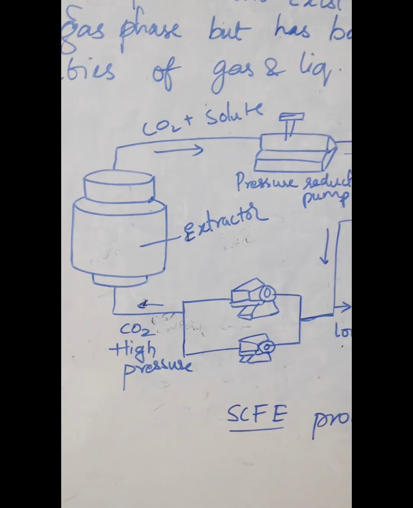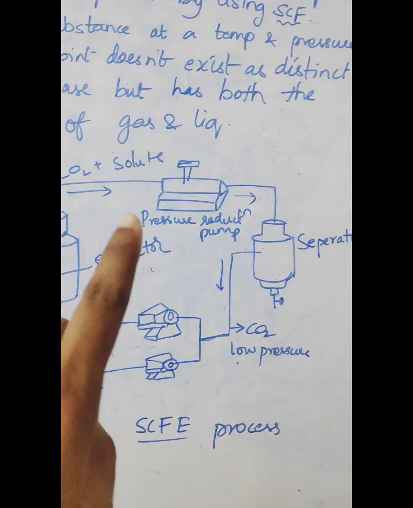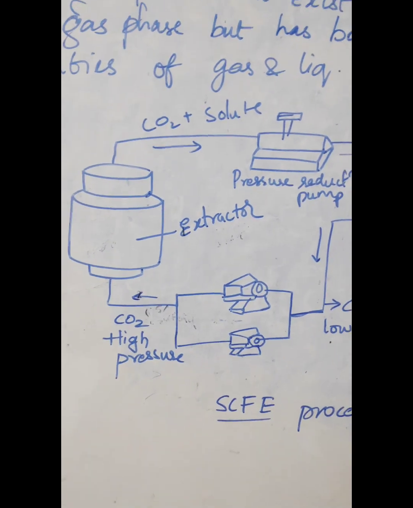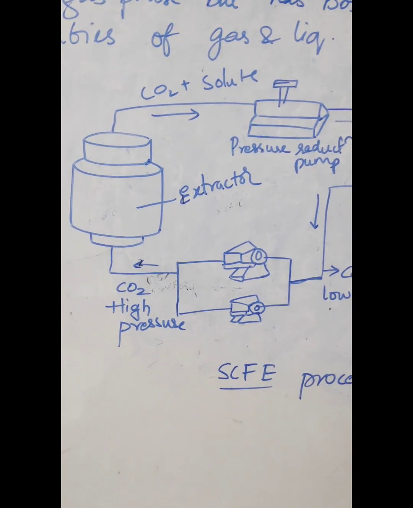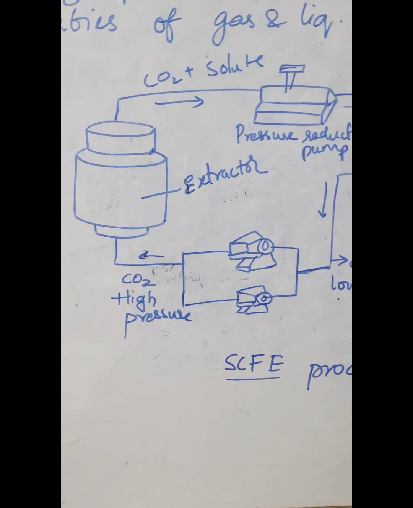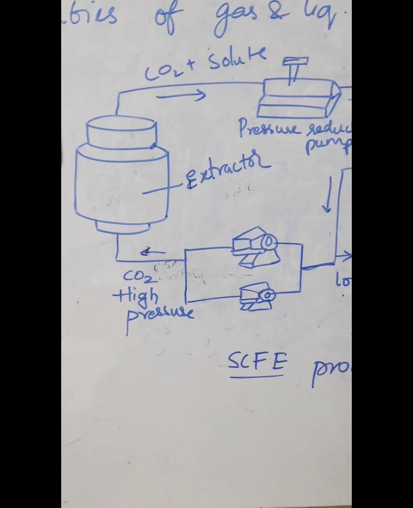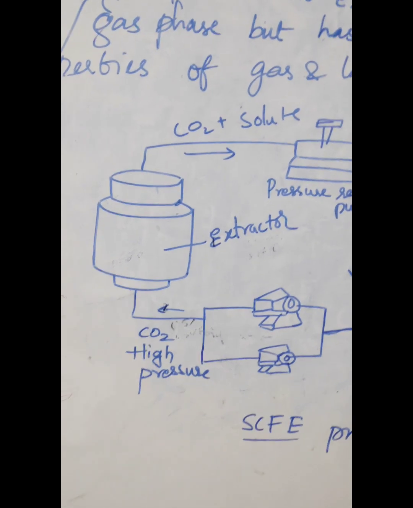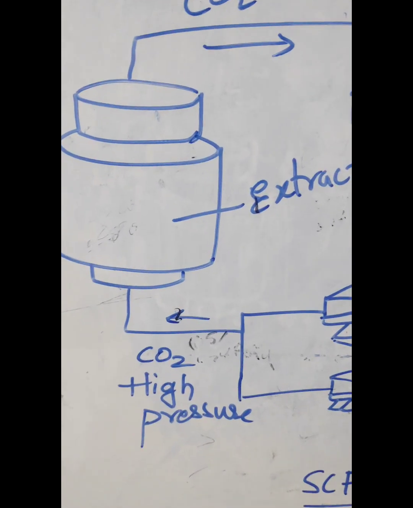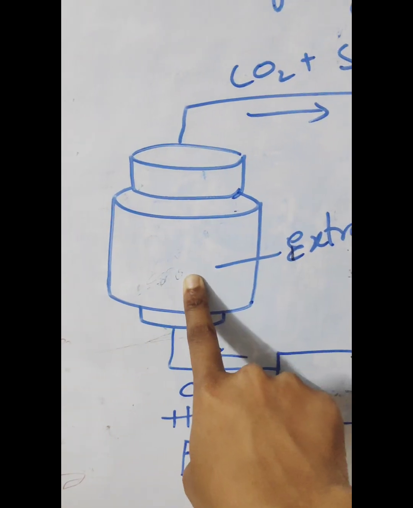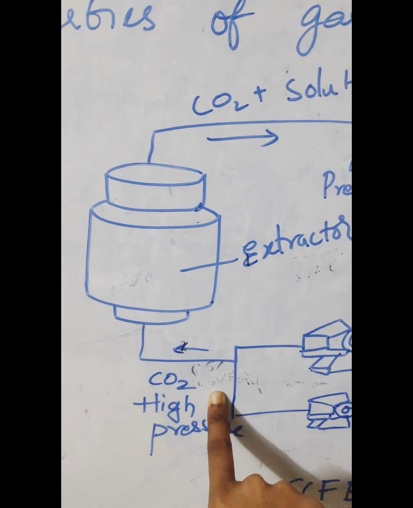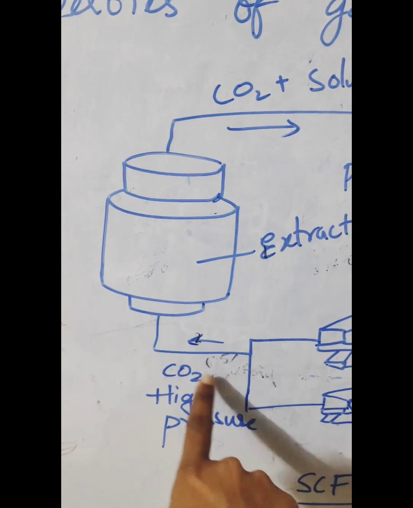Here we have only 4 components. First you are seeing is the extractor. The extractor is where you are going to dump the plant material for the extraction process to happen. First, with high pressure, you are going to take the carbon dioxide.